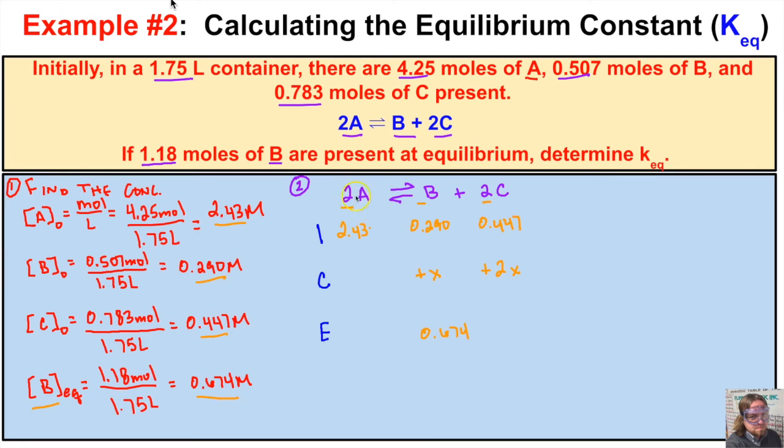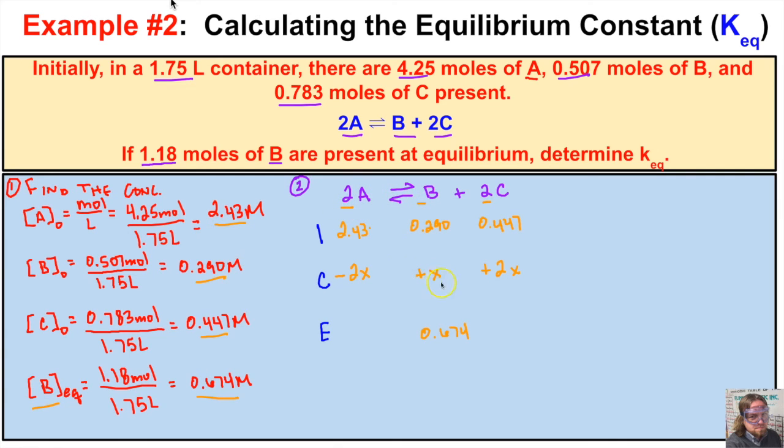And when this chemical reaction takes place, the concentration of A is going to decrease, so we'll put a negative sign, by a factor of 2X, since the mole ratio of A to B is 2 to 1, right?